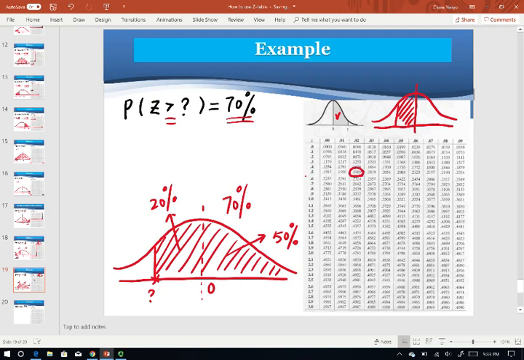So which row? 0.5 and 2. So 0.52. And remember, this is on the left side, so this number should be negative 0.52.